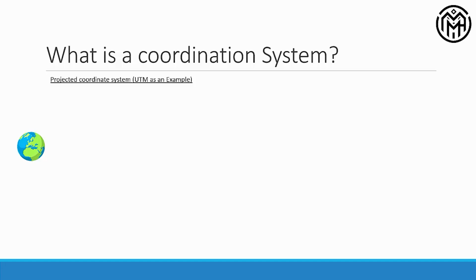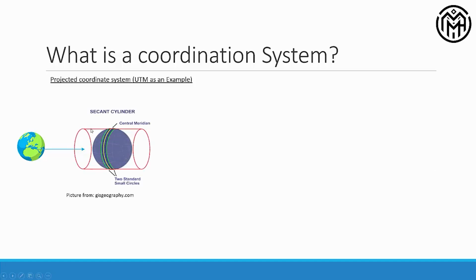I want you to imagine that we have the Earth, a spherical shape, and we have a cylinder, and this cylinder has a mirror inside. Imagine that the walls of the cylinder from inside consist of mirrors that can reflect the surface of the Earth.